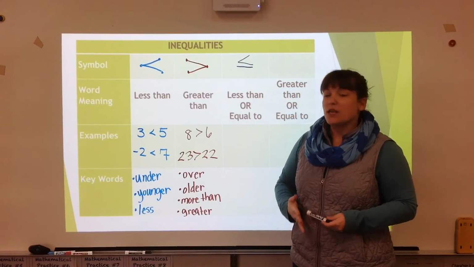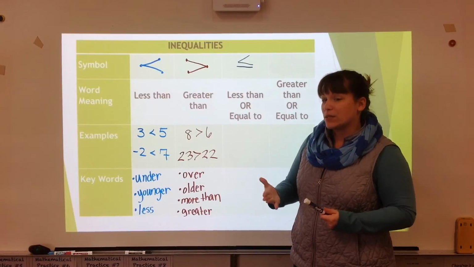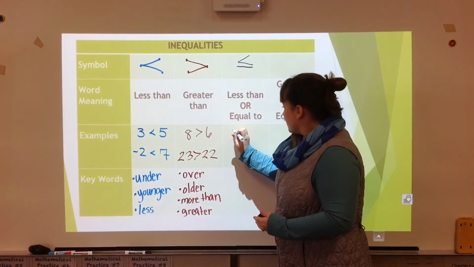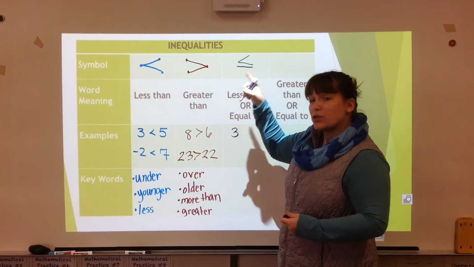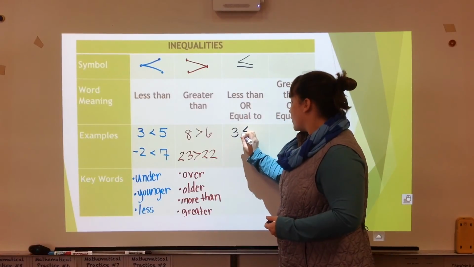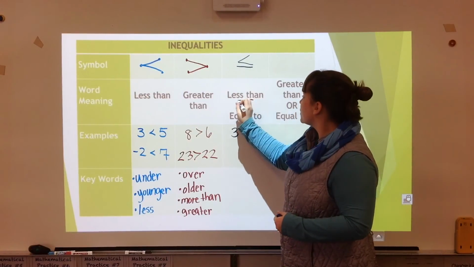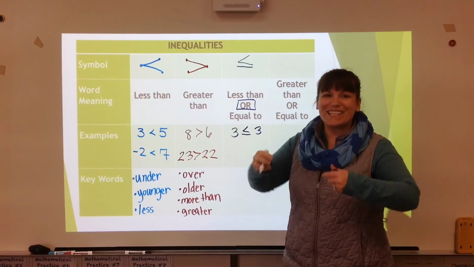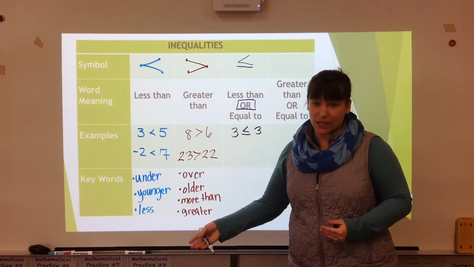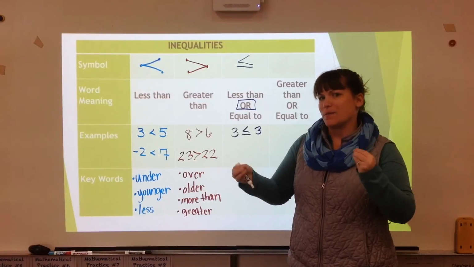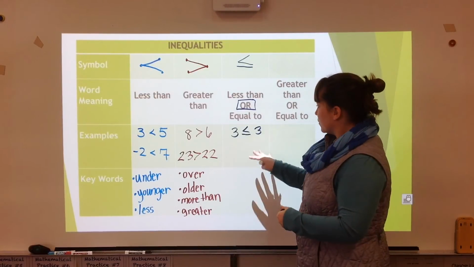How this works is that there's more than one possibility. You could have a number like 3. You could use this symbol, less than or equal to, and have it be equal to 3. Notice this or means in addition to. It could be less than, and it could be the same. So or is the same as the word and, almost, in this situation.